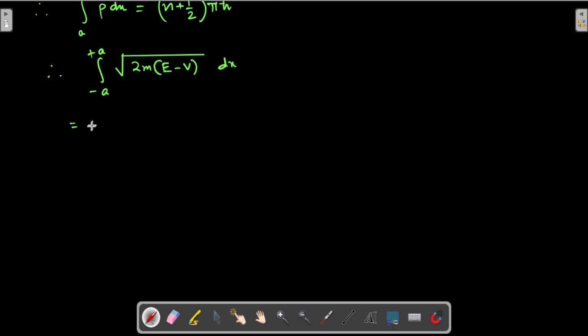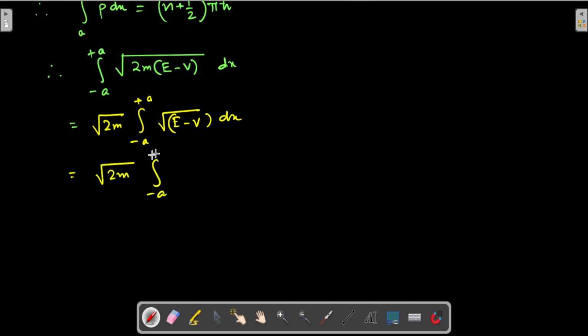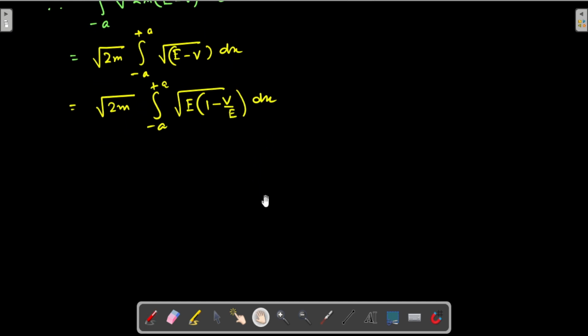Here we can take root over 2m out of the integration, then it becomes root over (E minus V) dx. If we take E common from the bracket, it becomes root over E times (1 minus V by E) dx.